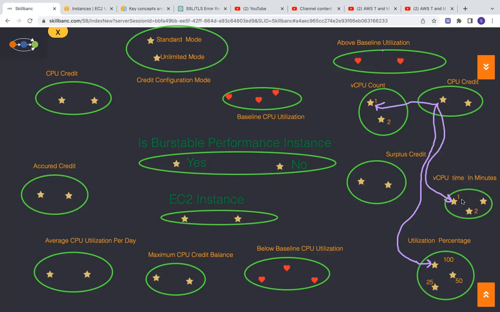And when the utilization is not up to baseline utilization. Okay, there is a baseline CPU utilization under which it will be below the baseline utilization and above baseline utilization.